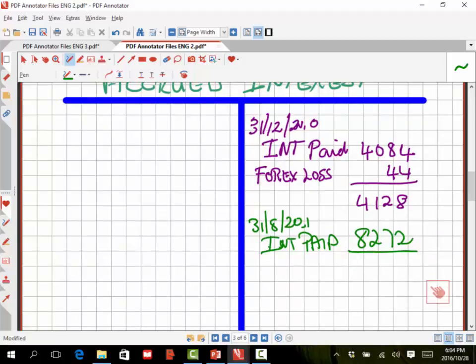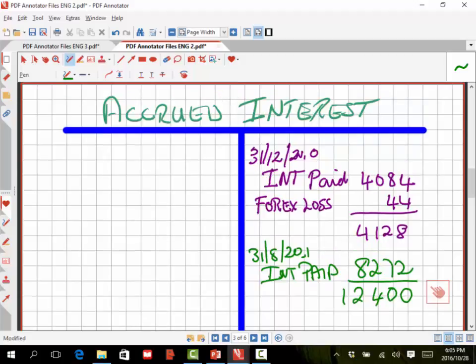So if we add those together, we get 12,400 as our calculated interest accrued.